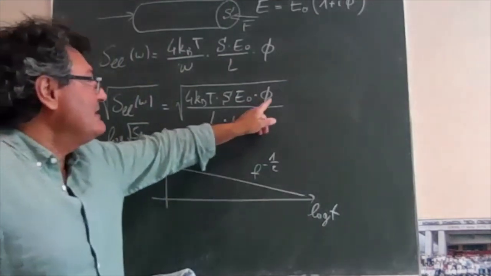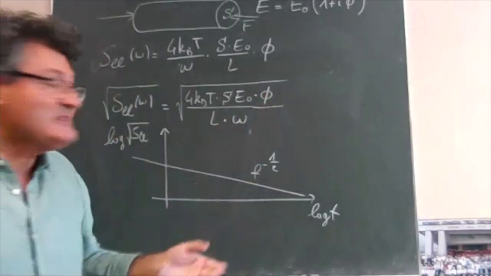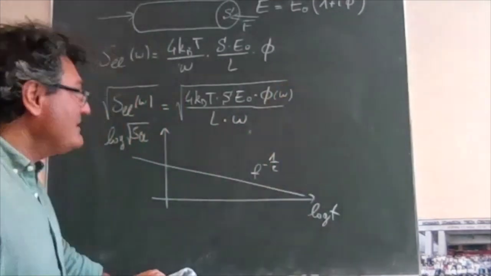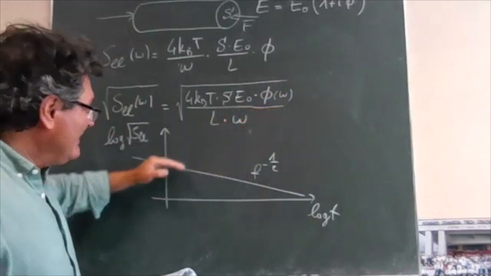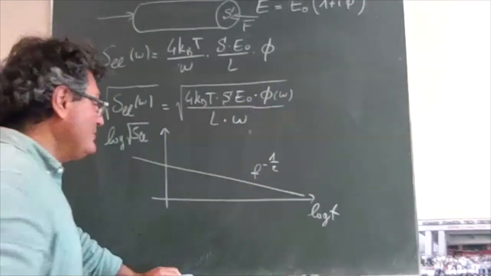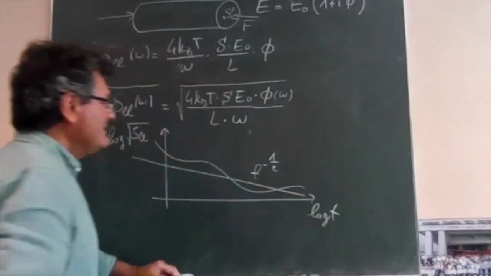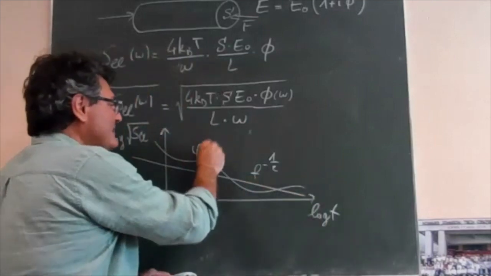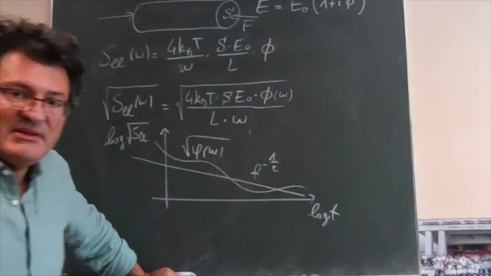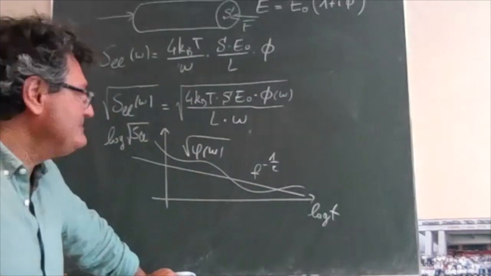In this case, we consider that the loss angle is perfectly a constant, but sometimes it's not a constant. So therefore, when it's not a constant, on this general shape of 1 over square root of f, you might have other dependences that are related to the square root of how the loss angle behaves with the frequency. Okay.